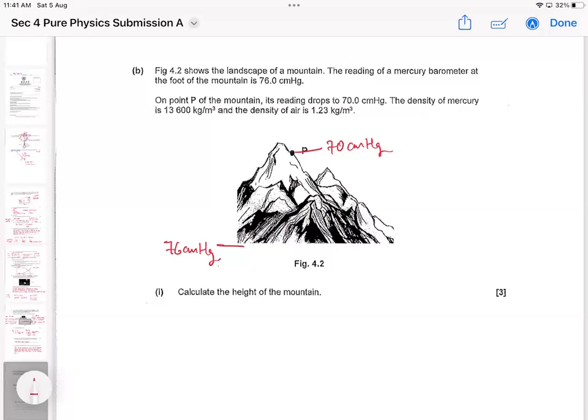So what is actually present in a larger quantity at the ground of the mountain compared to the top of the mountain? Something is a lot more at the base than at the top. What's that?